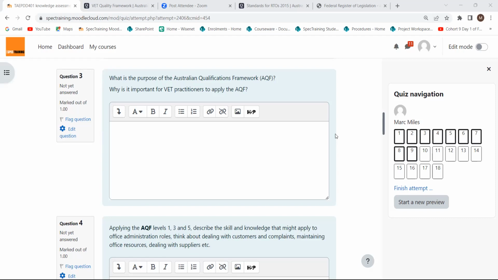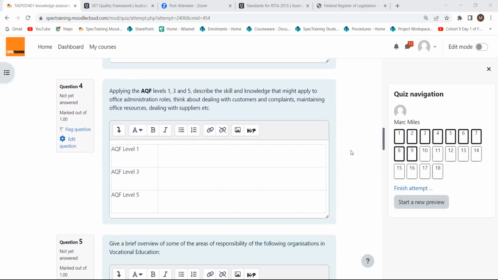Well, it's important for any VET practitioner to be writing assessments to the level, to be training people to the level, and making sure that you are never training too hard or too easy, or assessing too hard or too easy. And basically, the AQF is the standards that we train people to at each of the qualification levels. Okay, hopefully that makes sense for you. And you can certainly Google AQF and read up on the broad overview of what the AQF is as well.